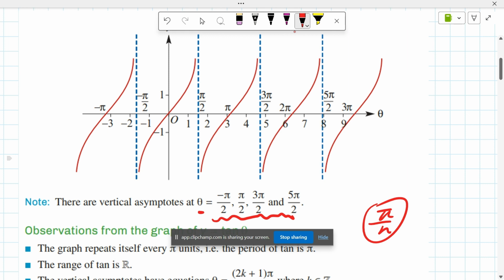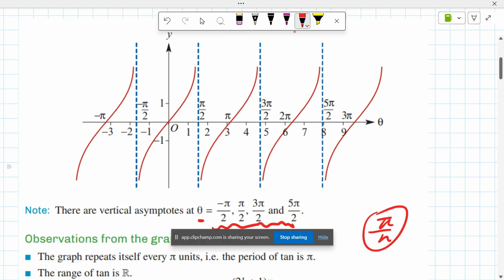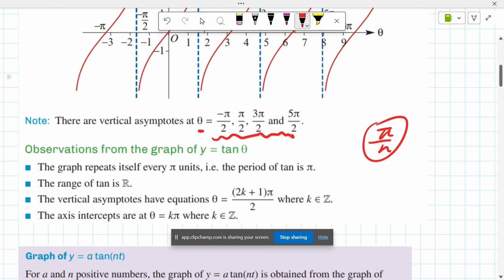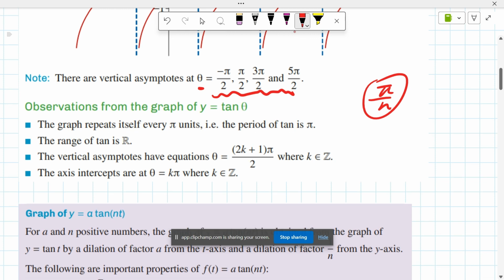We can say between 0 to pi, and also between pi on 2 to 3 pi on 2, that's a pi, and that's the period in between. The domain for tan theta is always the real numbers.